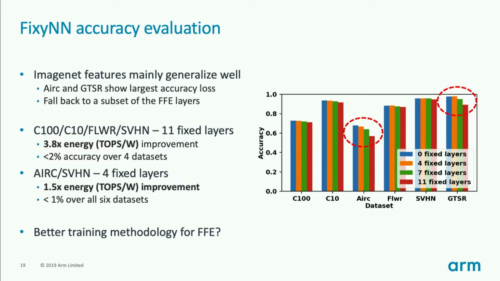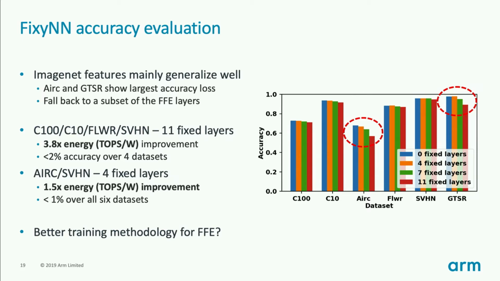The plot on the right here shows those 6 transferred data sets in terms of the accuracy, and the bars show the number of layers that we fix, so fixing 0 layers is the baseline. You can see most of these data sets are fairly flat on the top, which shows we can fix a lot of layers without degrading the accuracy.